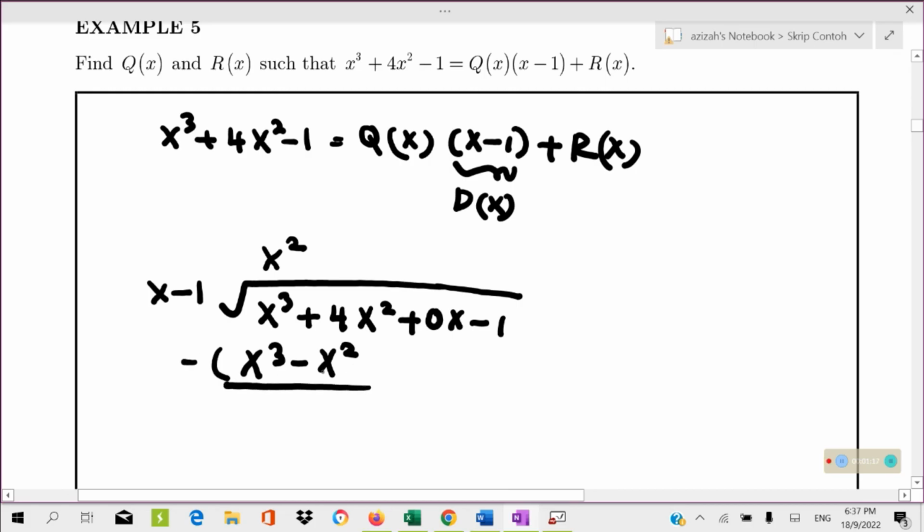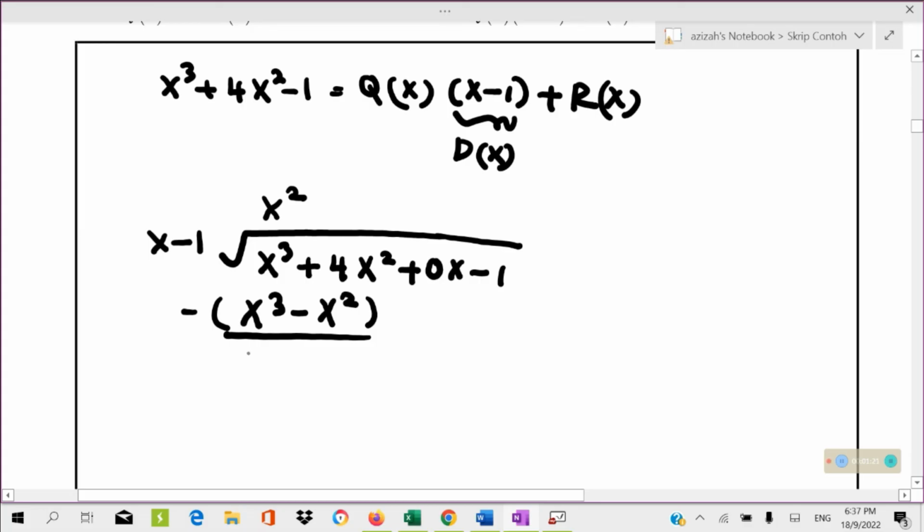The next process is subtraction. x cubed minus x cubed equals 0. And then 4x squared minus negative x squared, we get 5x squared. Then we bring down the next term, 0x. To obtain 5x squared, we multiply x by 5x.